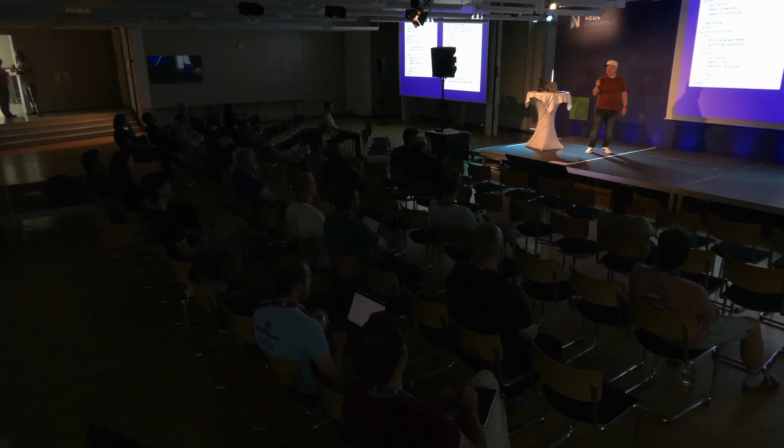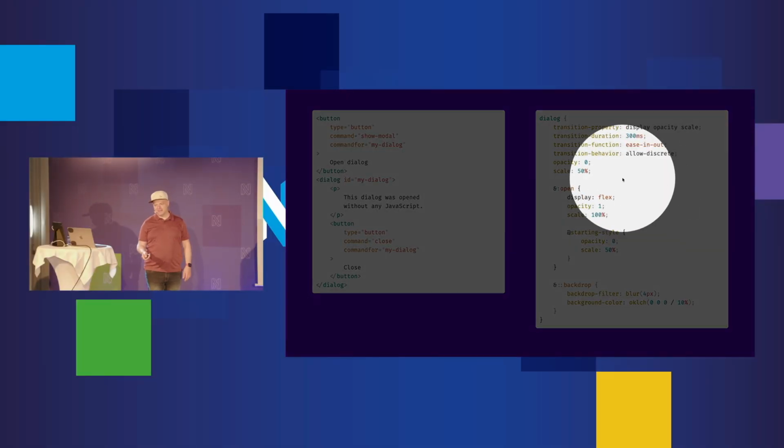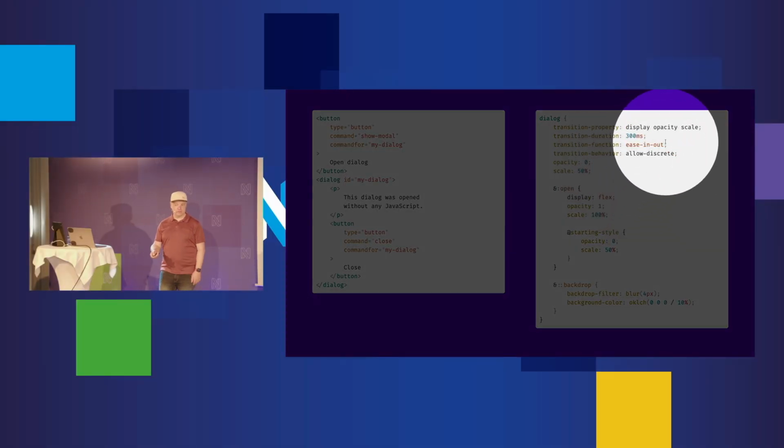One, two, yes, perhaps. Did you ever try to animate display none to display block or display flex? It didn't work, right? It just pops out and then it's back again. There's no fading, no scaling, no nothing. Well, this little thing here allows this now.